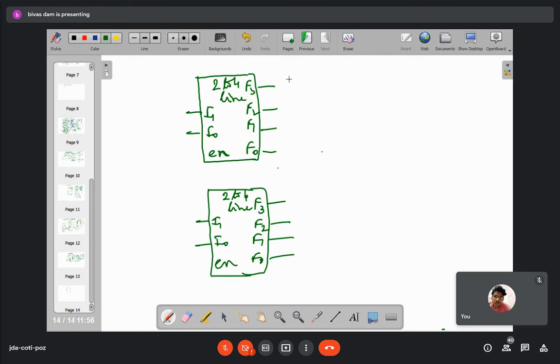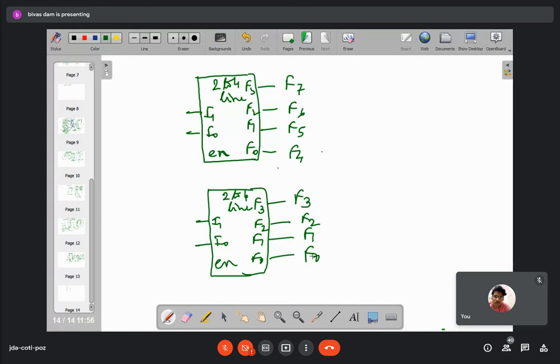So let's associate the ultimate outputs that are required in the proper order. Let this be your F7, F6, F5, F4, F3, F2, F1 and F0. Now, when should F0 be active?